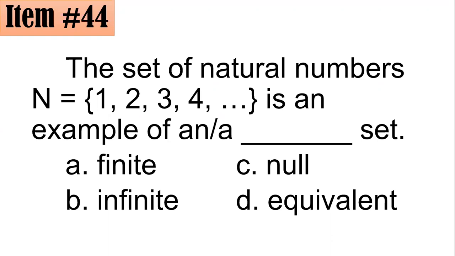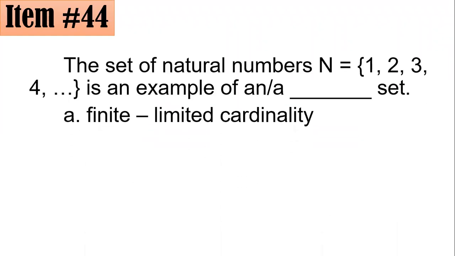Ano po yung idea ninyo kapag sinabi nating finite set? Pero okay, so sabi ni Sir Kim, yung finite set, it has limit or limited, which is actually correct. A finite set has limited cardinality, meaning to say it has a fixed number of elements.